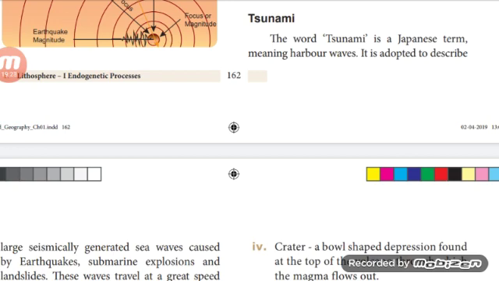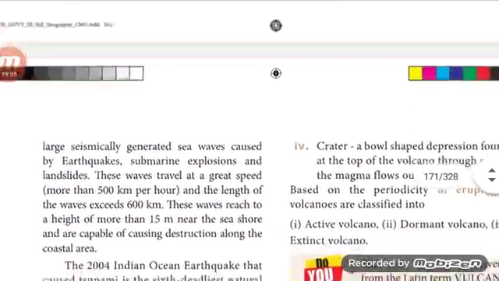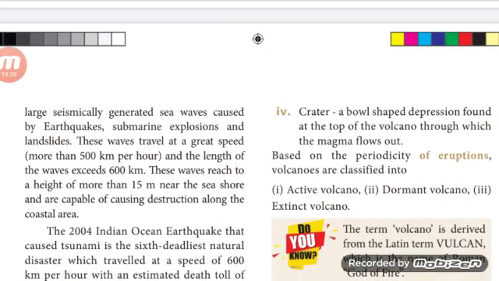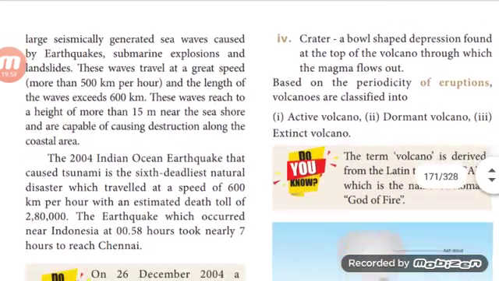When the earthquake occurs under the ocean, it causes tsunami. So these tsunami waves, how do they travel? These waves travel at a great speed and the length of these waves exceeds 600 km. These waves reach a height of more than 15 meters near the seashore and are capable of causing destruction along the coastal area.